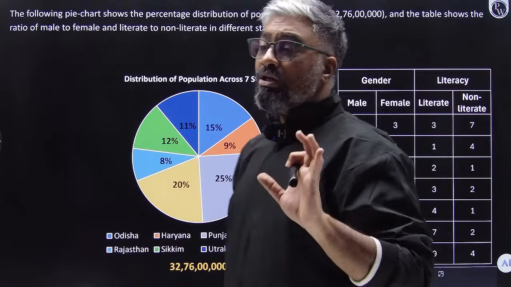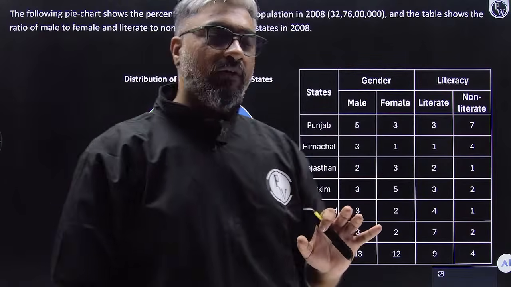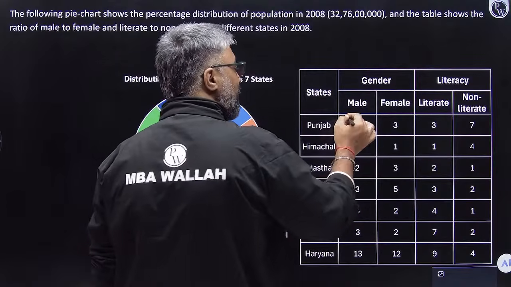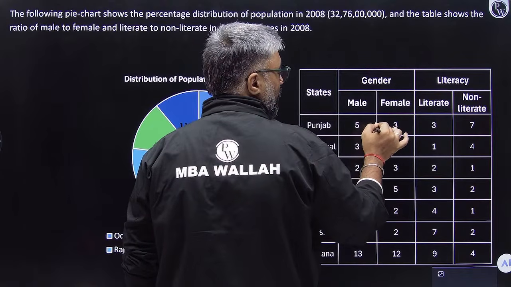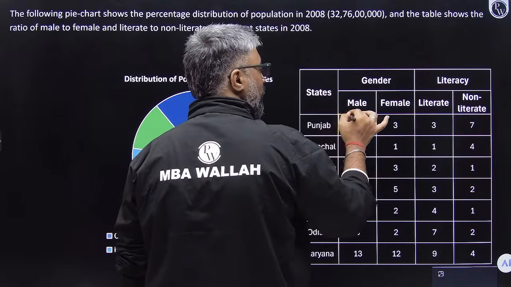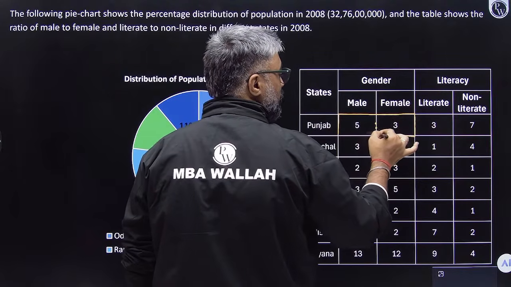One thing you have to be comfortable with is ratios. When they say 5:3, what does it mean? For Punjab, the male and female ratio is 5:3.